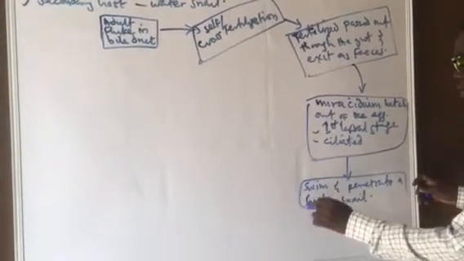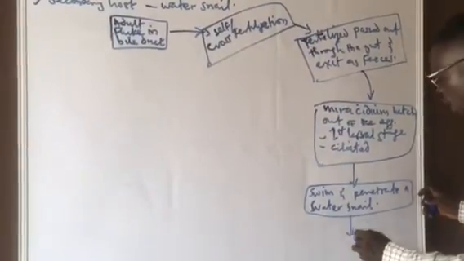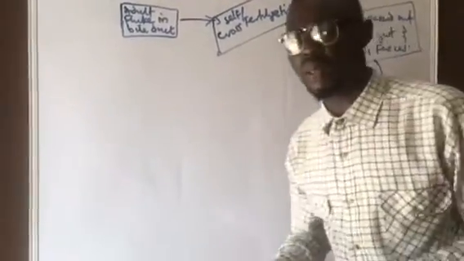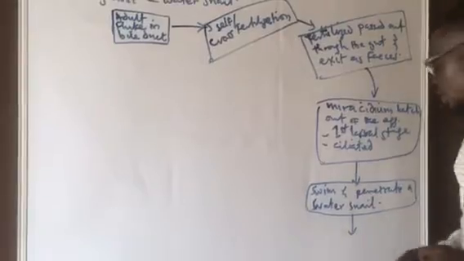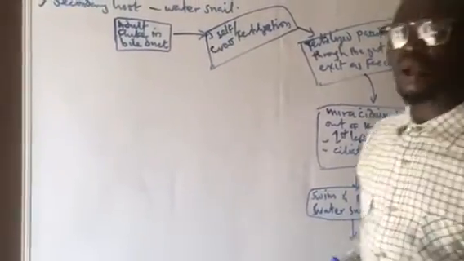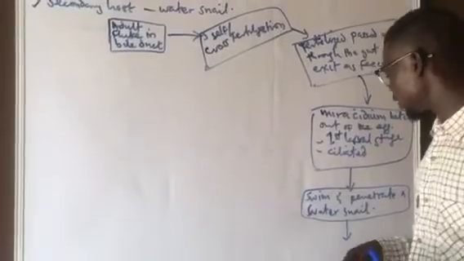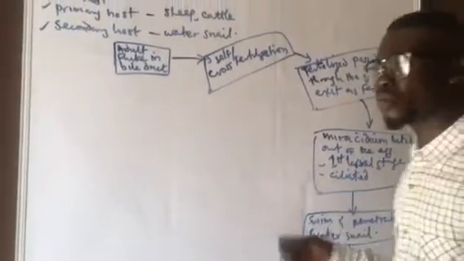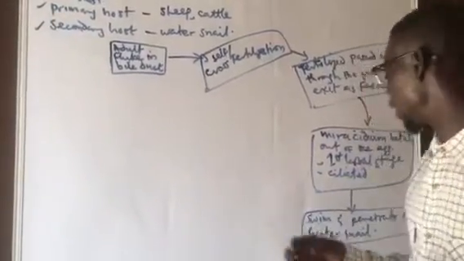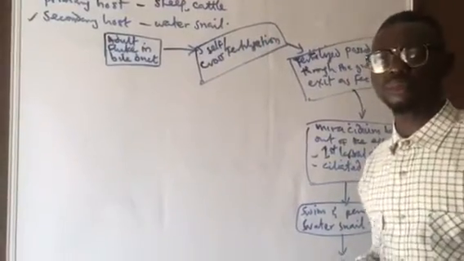So after the miracidium swims and penetration has taken place, the miracidium will develop into a sporocyst. And this development is a result of the fact that the outer cilia will be withdrawn.